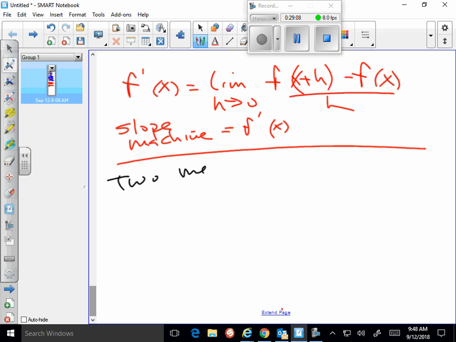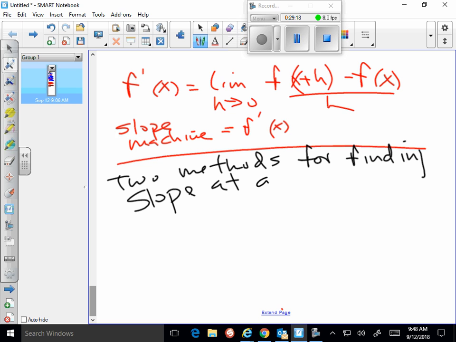We also have two methods for finding slope at a point. Let's call that point x equals a. One of those methods is I now have a specific x value. I said that I want to do this at x equal to a.